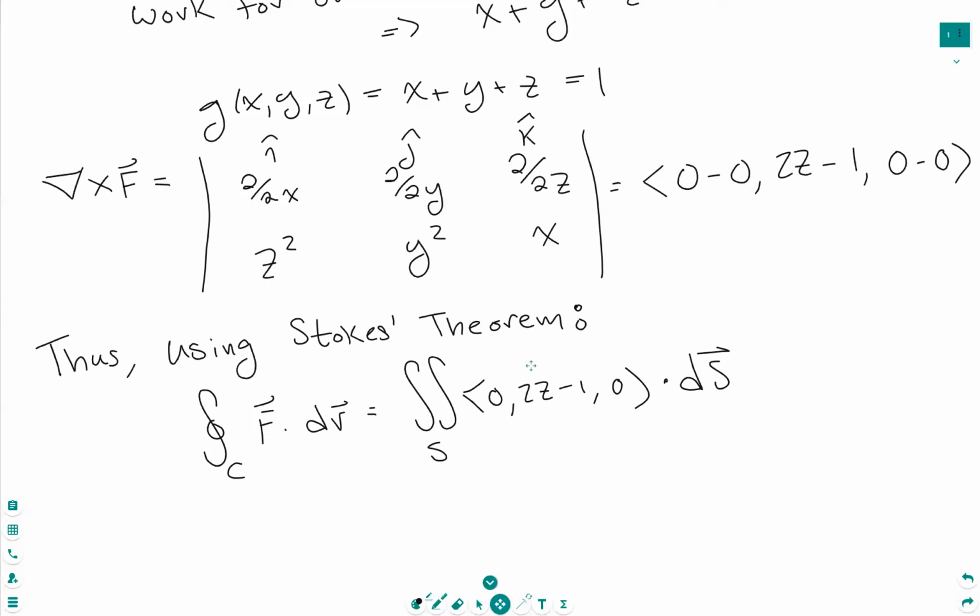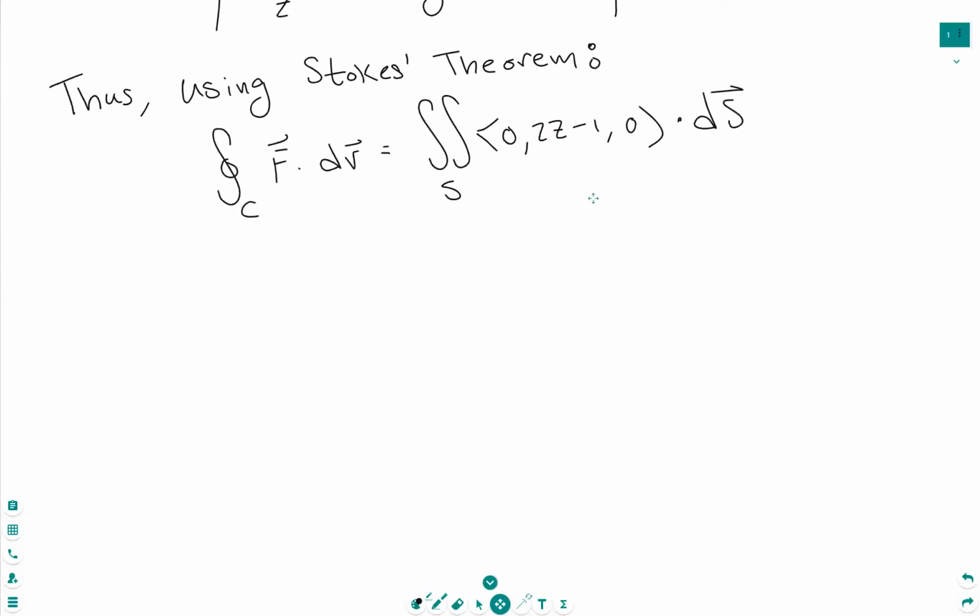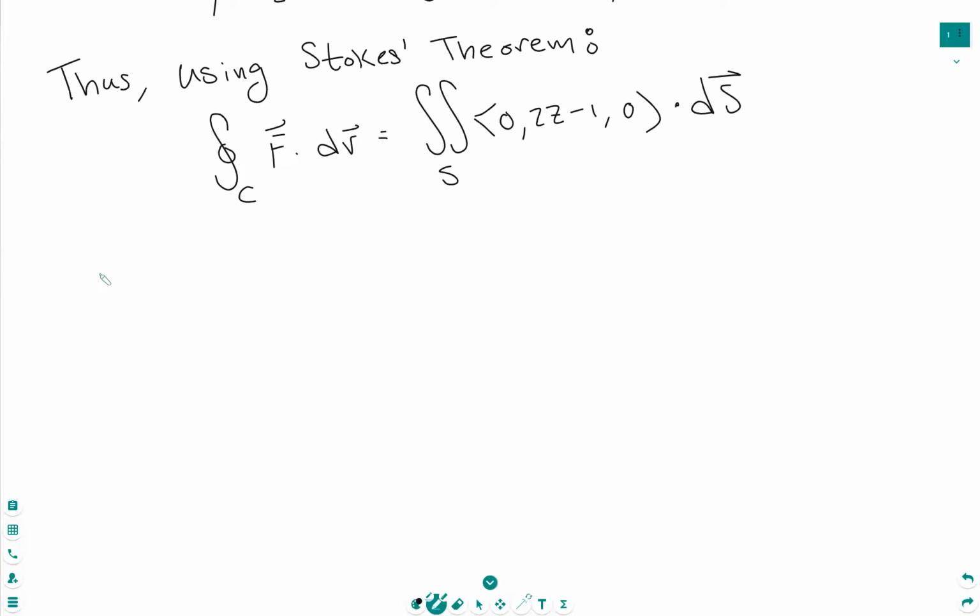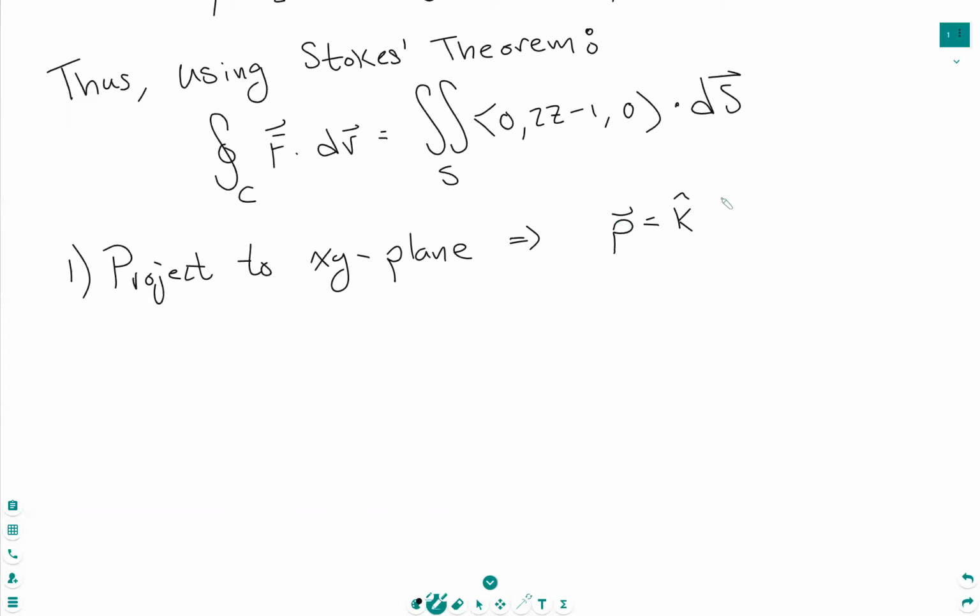Okay, and now we can look at the steps to calculating this surface integral. Step 1. Let's decide on where to project to. This triangle is actually really nice to project to any of the coordinate planes, so let's just arbitrarily pick the xy plane, which means that our p vector is k hat, moving in the z direction.